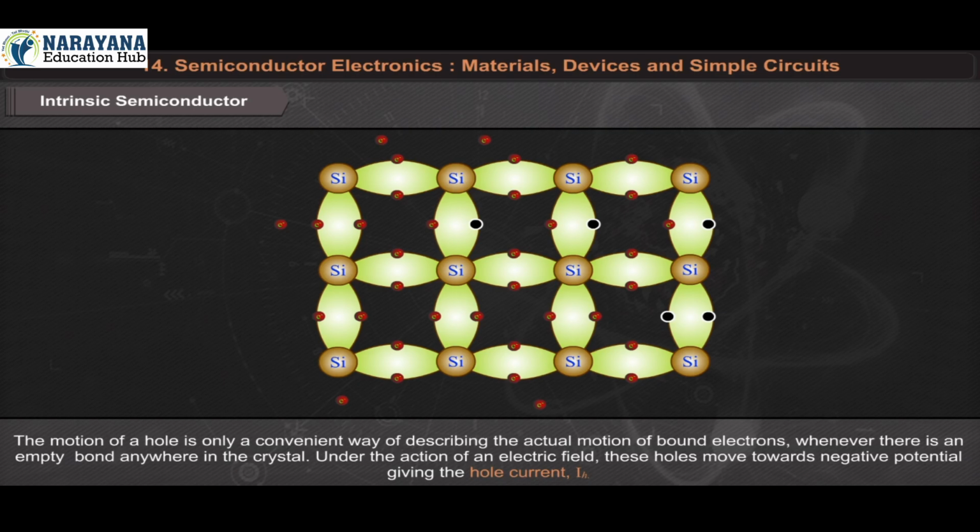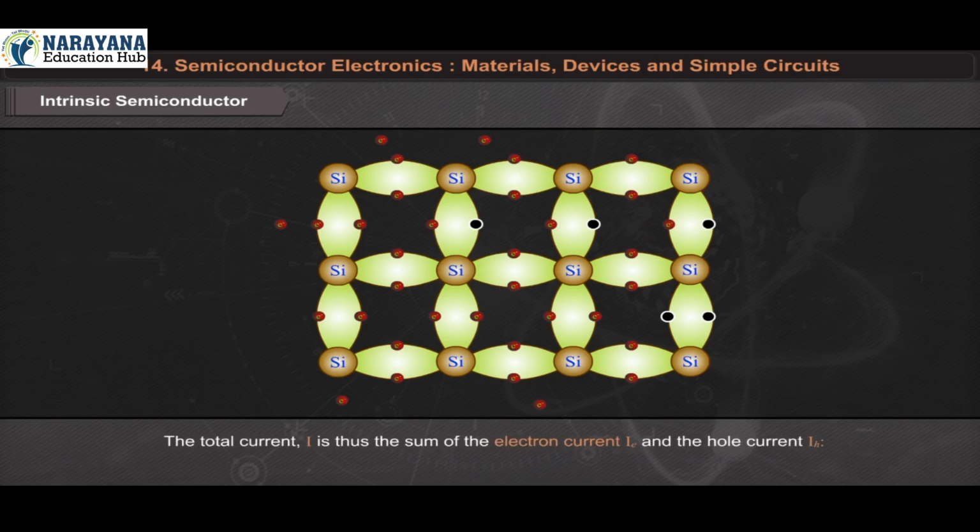Under the action of an electric field, these holes move towards negative potential, giving the hole current IH. The total current I is thus the sum of the electron current IE and the hole current IH. I = IE + IH.